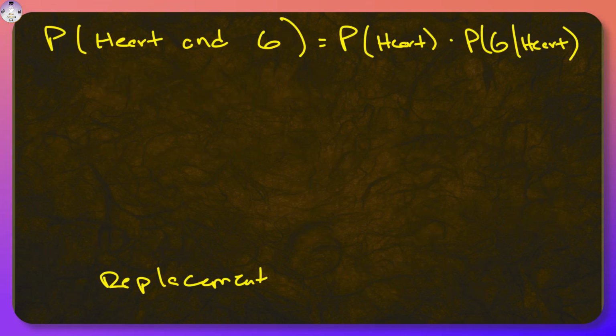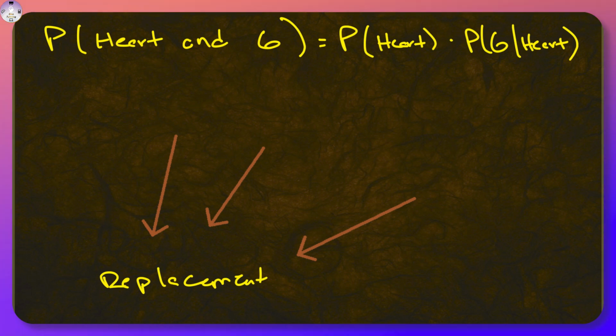Let's look at an example where we replace. So I wrote replacement down at the bottom of this one. Same scenario. We've got 52 cards in front of us. We're going to draw 2 cards. What's the probability that we draw a heart and then draw a 6? In this case, we're using replacement. In other words, we draw that first card, we look at it, it's a heart, we put it back in, and then we draw the second card.